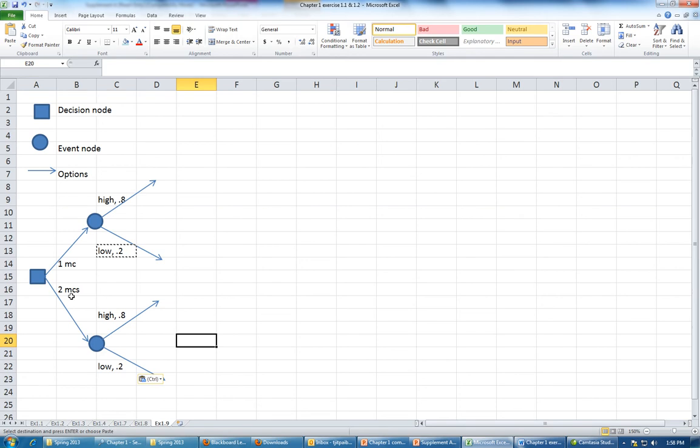So if you buy two machines together and demand is low, the payoff will be 90,000. And if demand is high, 180,000, like that.